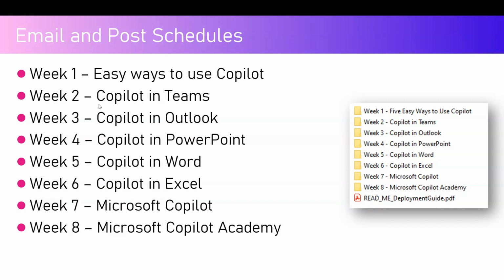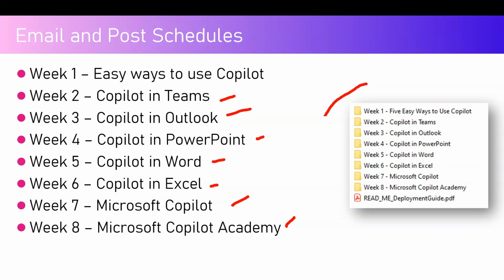Week 2 consists of Copilot in Teams, then Copilot in Outlook follows in week 3. Week 4 Copilot in PowerPoint, then week 5 Copilot in Word, week 6 Copilot in Excel, week 7 general Microsoft Copilot, and then week 8 it's all about sharing the resources for a better understanding and utilization of advanced features within the academy, which is called Microsoft Copilot Academy.